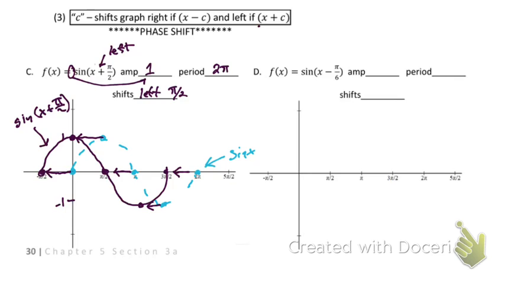All right, the last one we're going to do is we're going to go right pi over 6 units. So once again, that negative tells me we're moving right. Amplitude is still 1 because we're looking at that number up front. Period, I said we're not changing today, so it's still 2 pi. And we're going to shift right pi over 6 units.